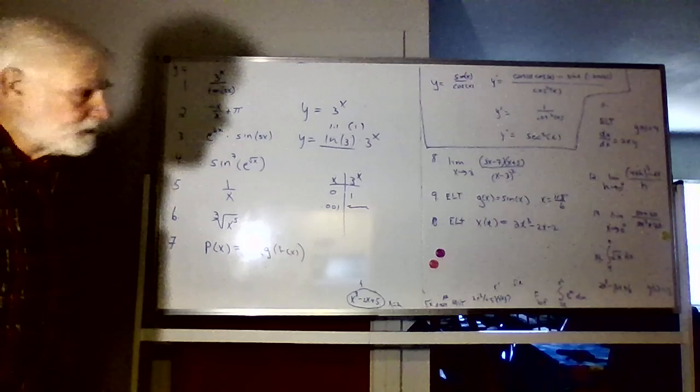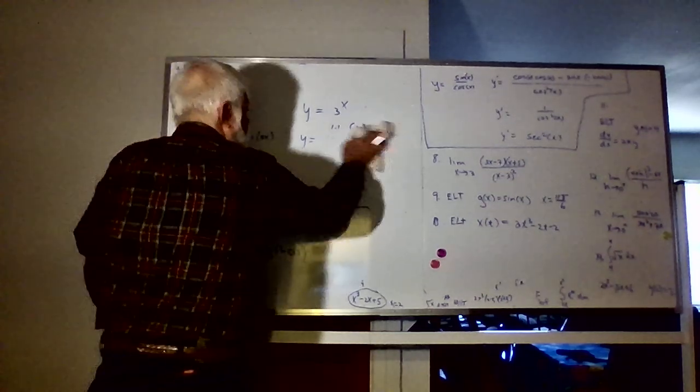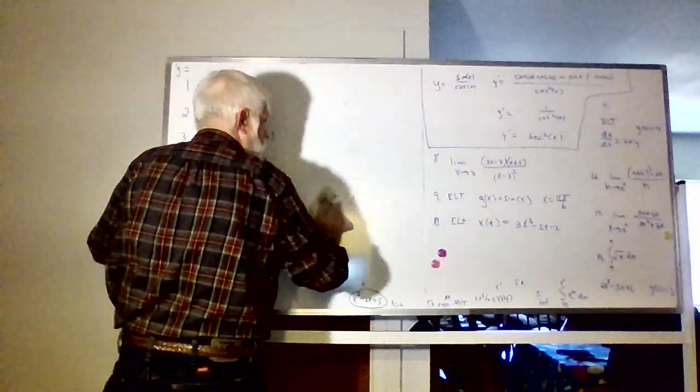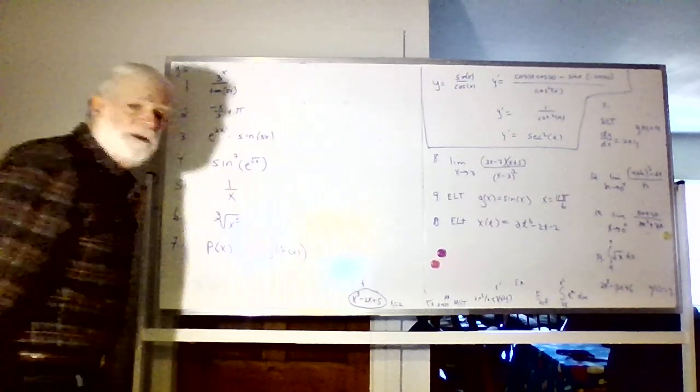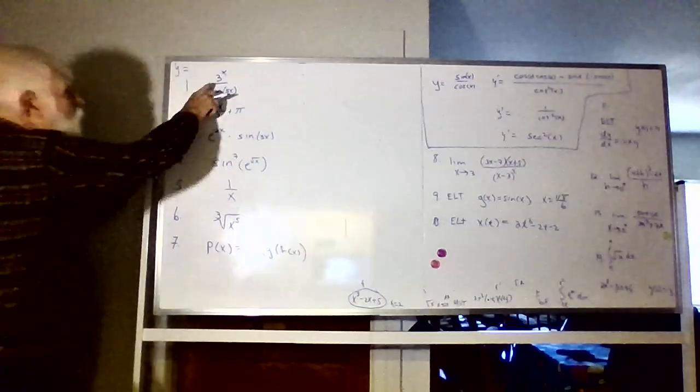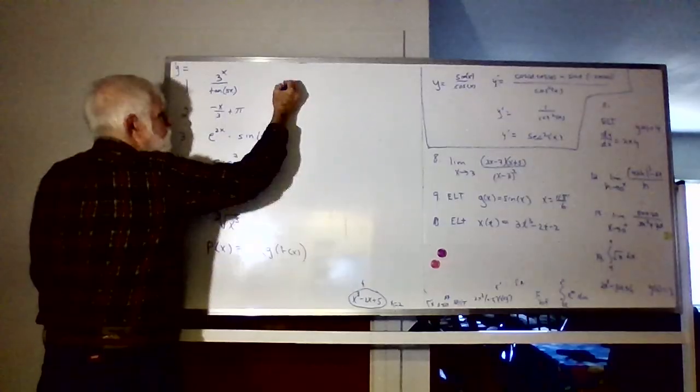All right, so that's the exponential differentiation. The y equals b to the x, then the derivative is ln of b times b to the x. So what's the derivative of 3 to the x?